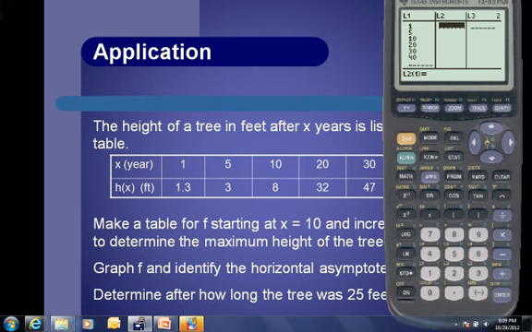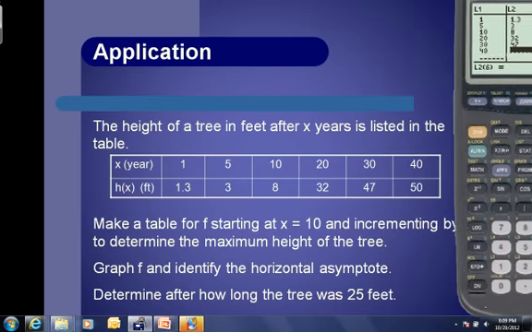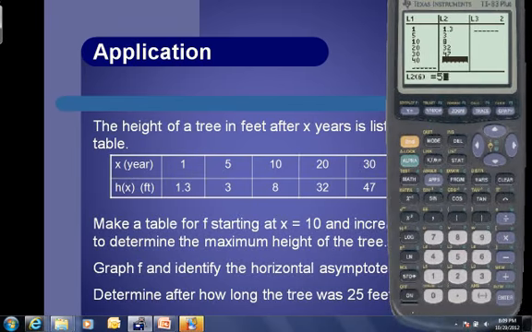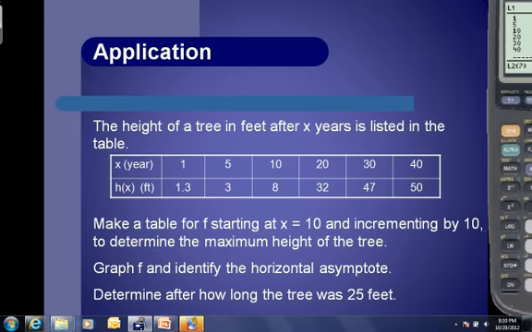Then we're going to arrow over. Our y values would be 1.3, 3, 8, 32, 47, and then our last value would be 50.